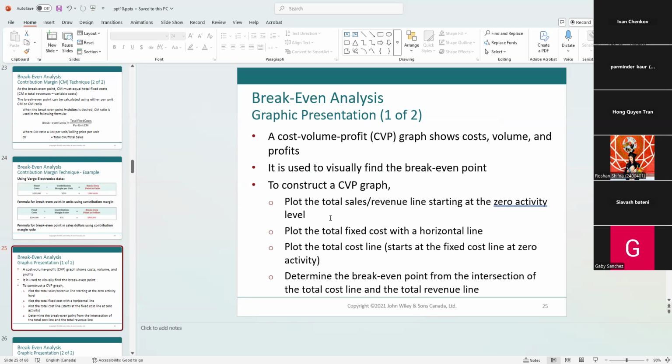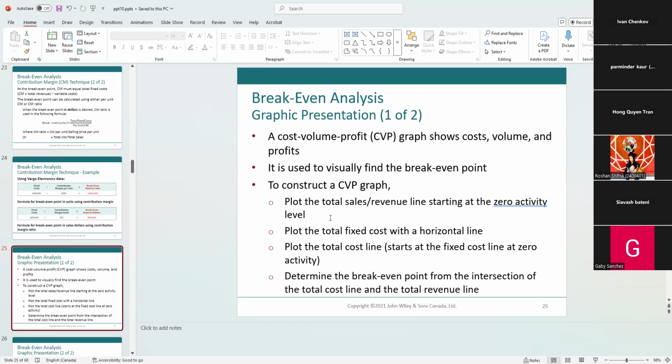Having in mind that total fixed costs are always the same. Total variable costs are always variable cost per unit times number of units. And total sales are always sales price per unit times number of units.